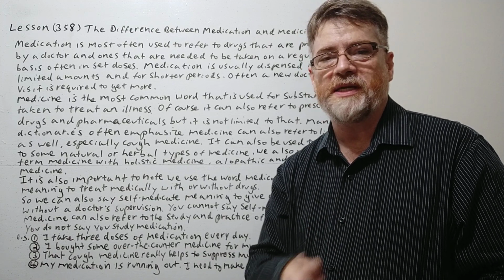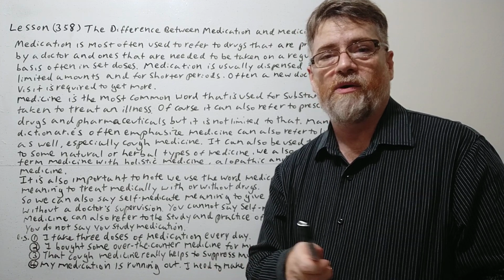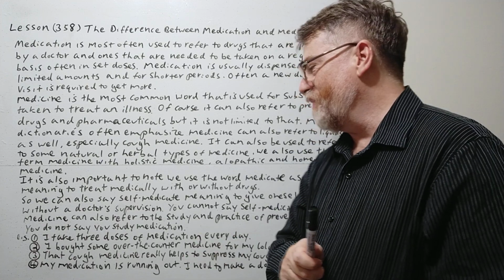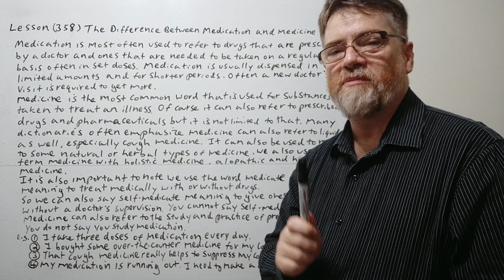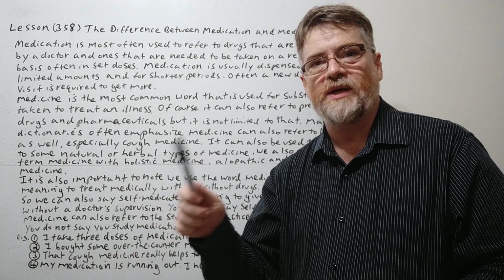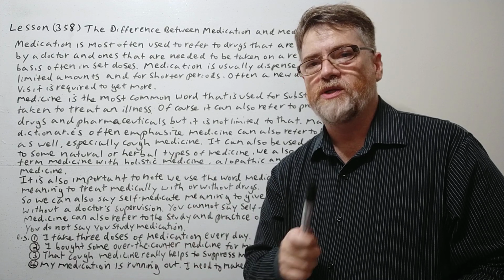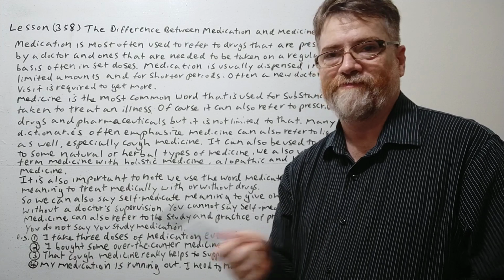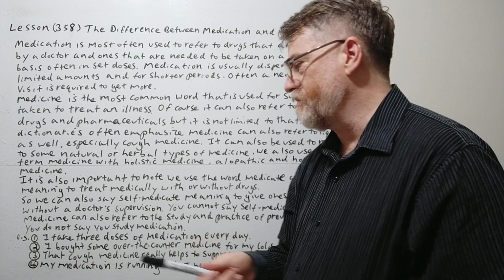I never hear anybody say to medicine somebody, or I'm going to medicine myself. That would be really weird. So medicate kind of covers both, whether you're using the word medicine or medication. Because in modern times, we don't really use medicine as a verb. Hardly ever. I don't think I've ever heard it used.